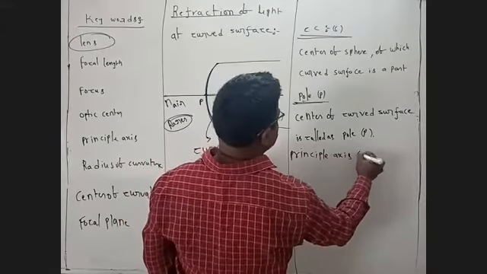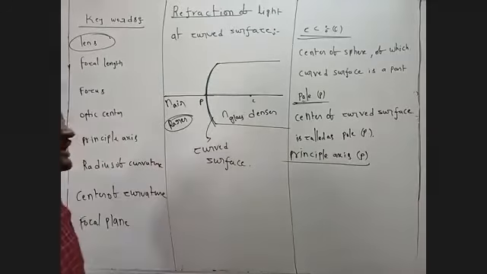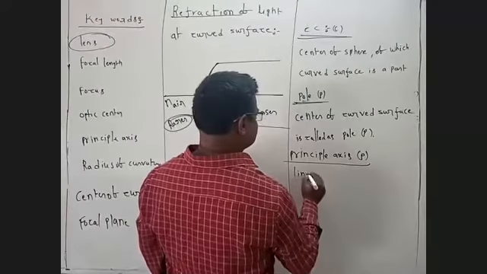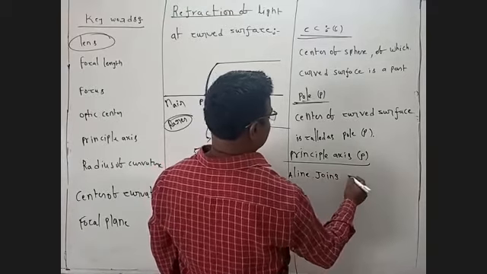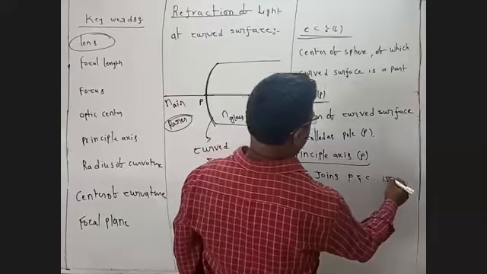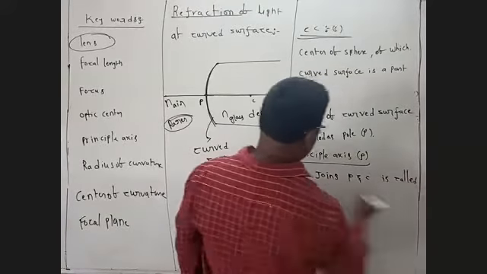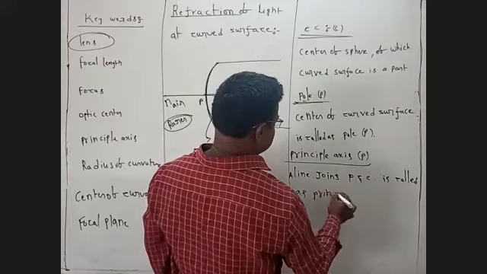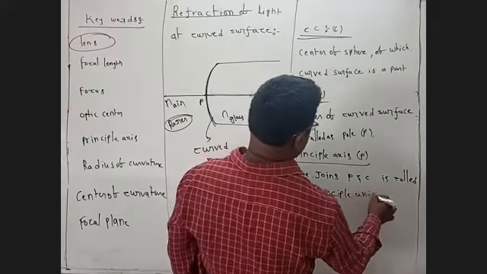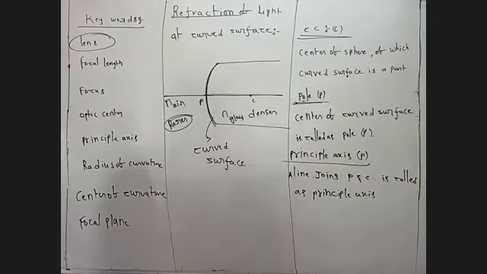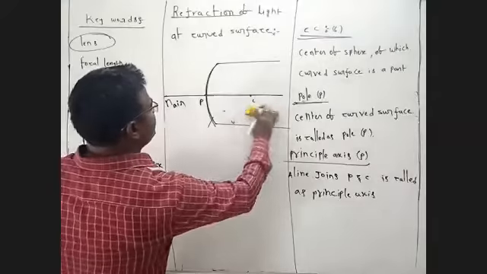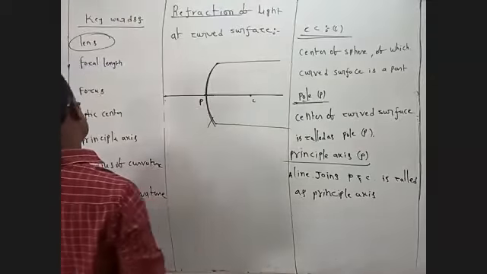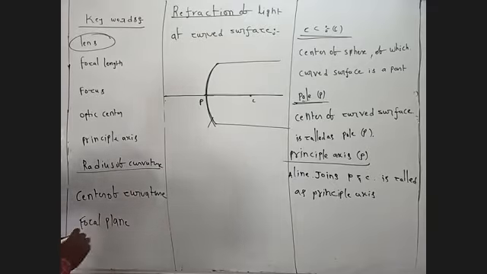The letter is P. A line joins P and C, and it is called the principal axis.